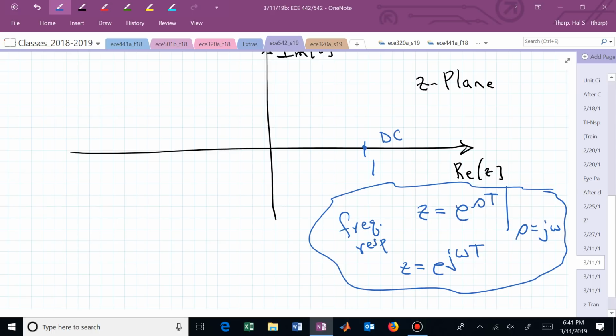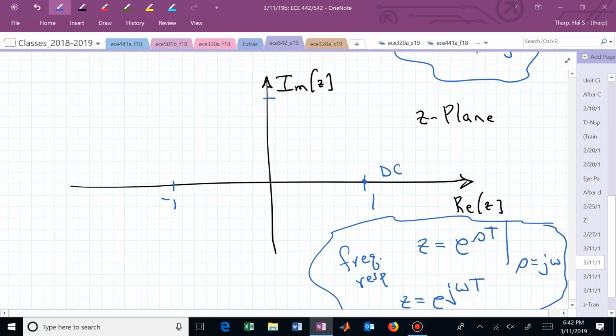For our frequency response, we are now marching around not the imaginary axis in the z-plane. Now we're moving along a circle. That's an ugly circle, but that's supposed to be a unit circle, a distance of 1 away from the origin.